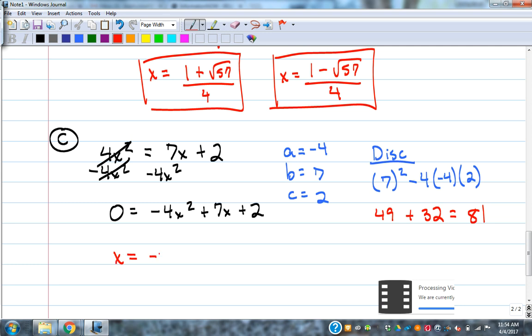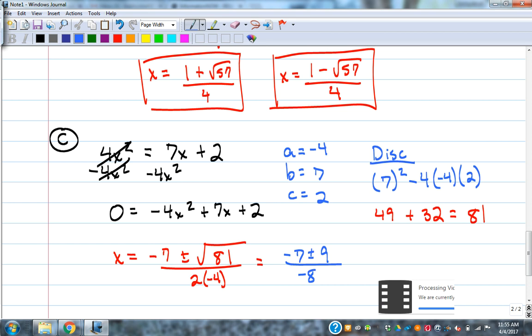X equals negative b plus or minus radical b squared minus 4ac, divided by 2a. And we know the square root of 81 is 9, over negative 8. So we get two problems. We're going to split that apart.